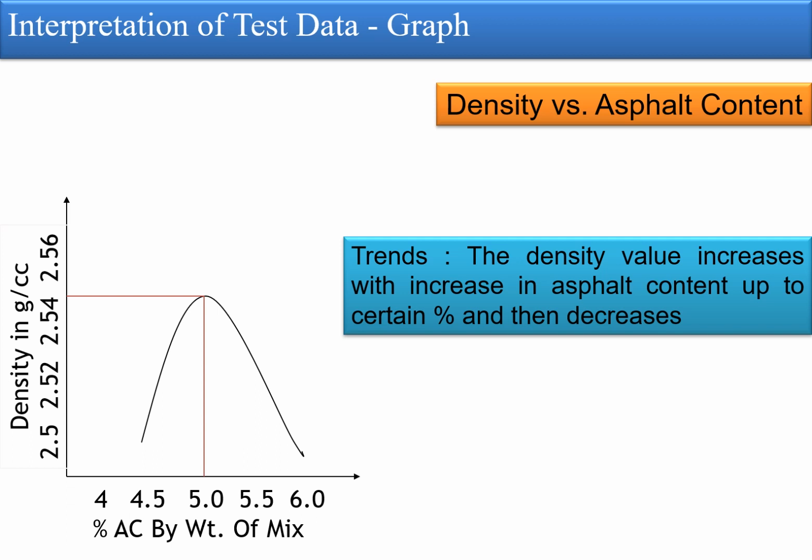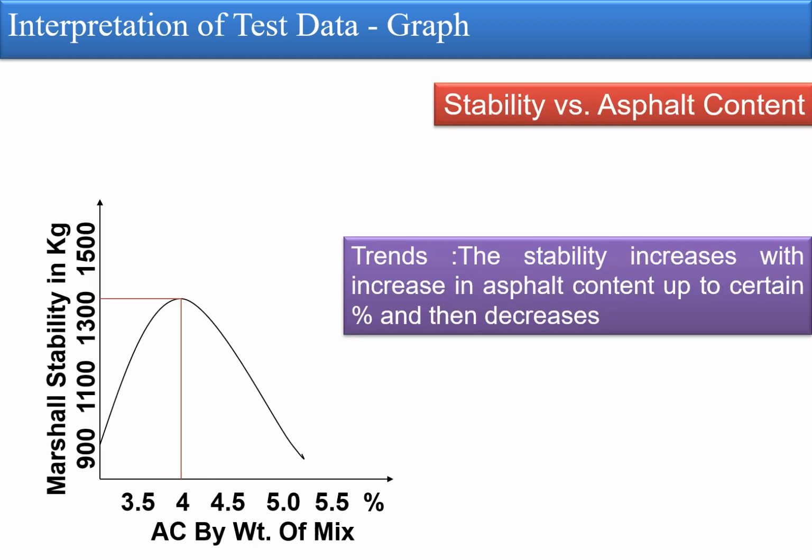This needs to be noted in the design parameters. Then you check the graph between the asphalt content and the stability. The graphs of density and stability look similar, because both increase with the increase in bitumen content and then decrease.